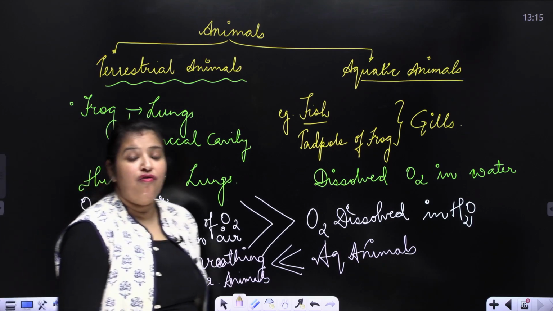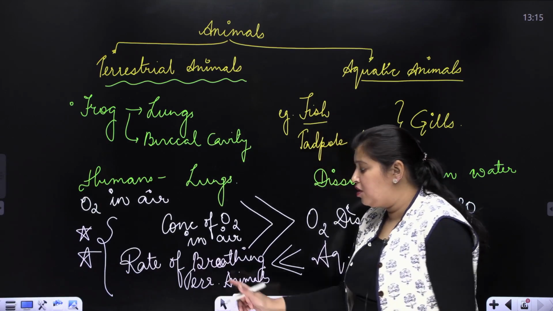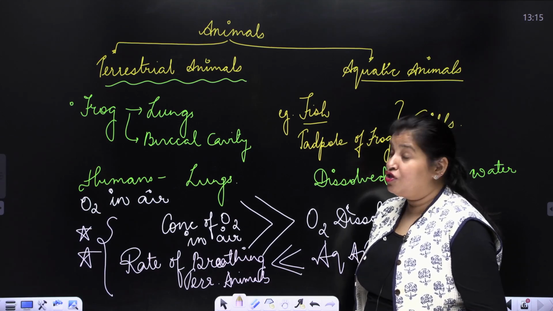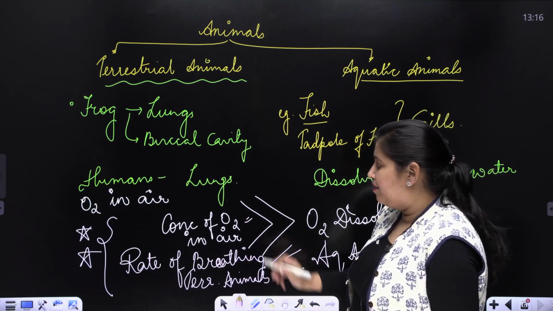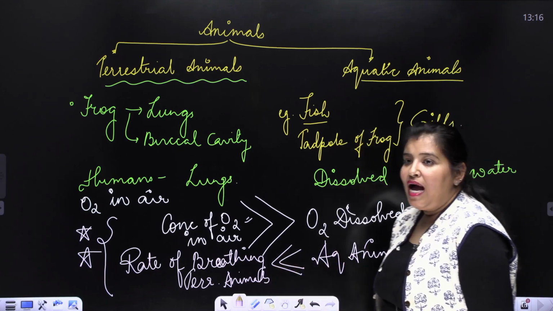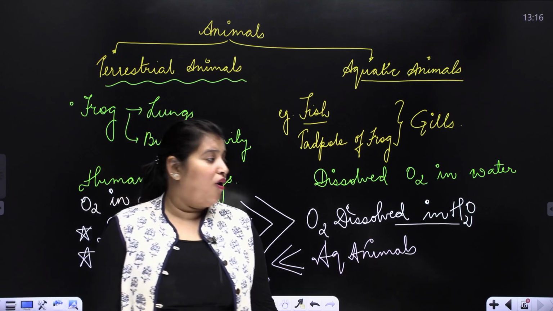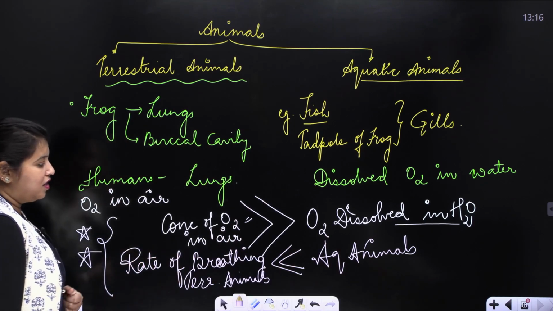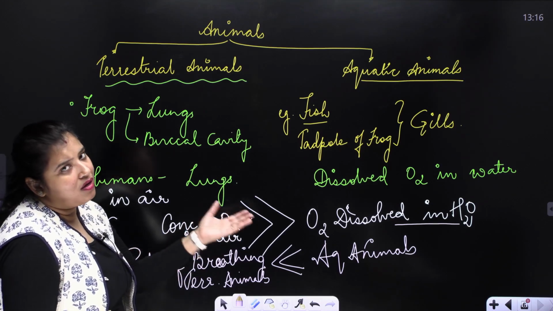Why is the rate of breathing higher in aquatic organisms rather than the terrestrial organisms? Because the concentration of oxygen which is present in air is much higher than the oxygen which is dissolved in water. As a result, the rate of breathing increases in case of aquatic animals. So you have to remember why the rate of breathing is much faster in aquatic organisms.